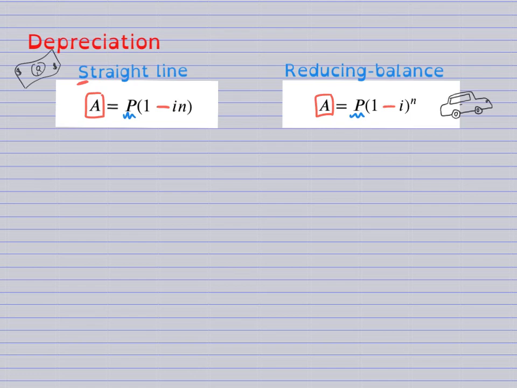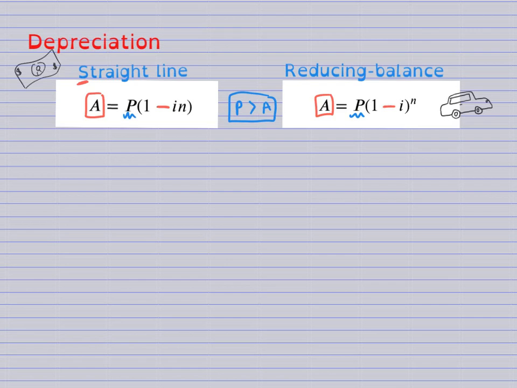In depreciation, this is the other way around. Your principal amount is bigger than your accumulated amount because it's losing value over time. Whereas with simple and compound interest, your accumulated amount, A, will be greater than P. So that's very important that you remember that.